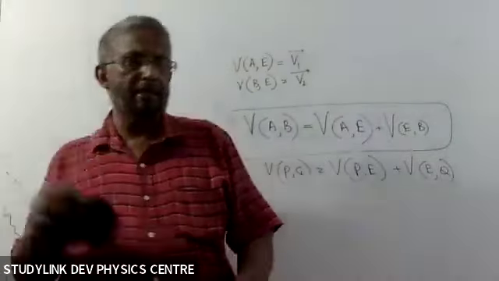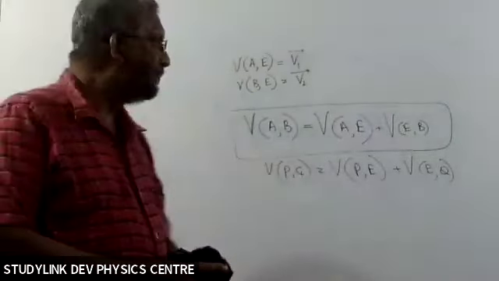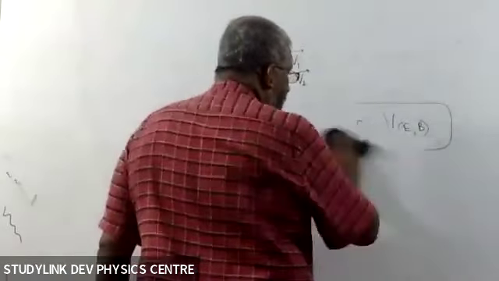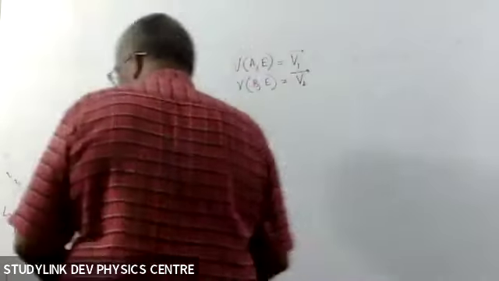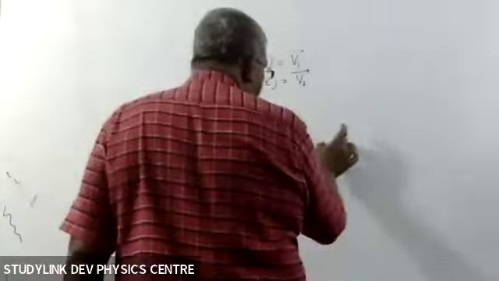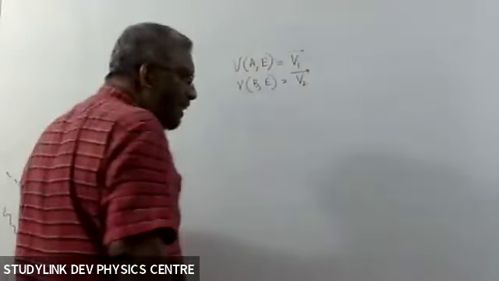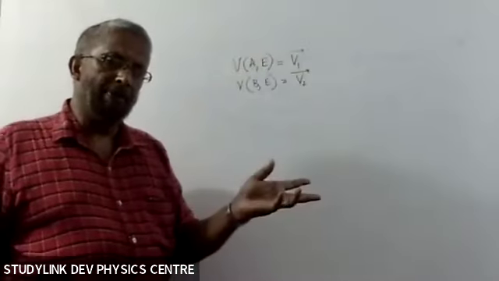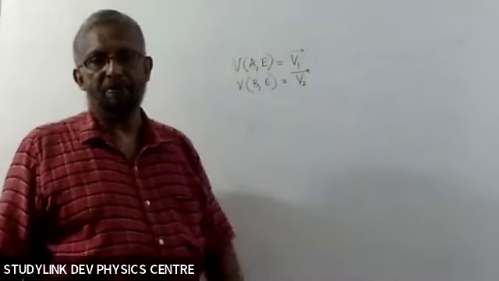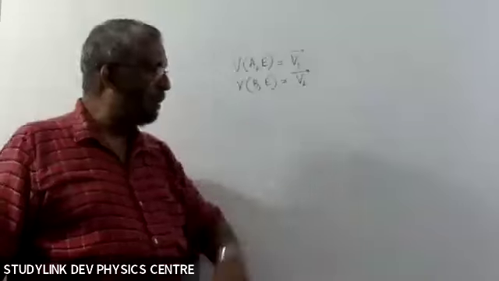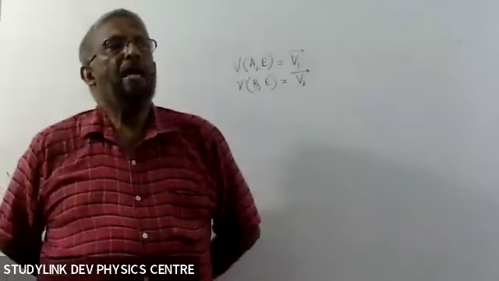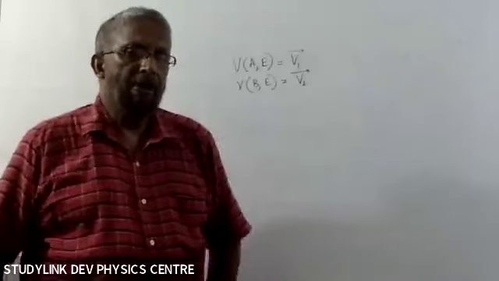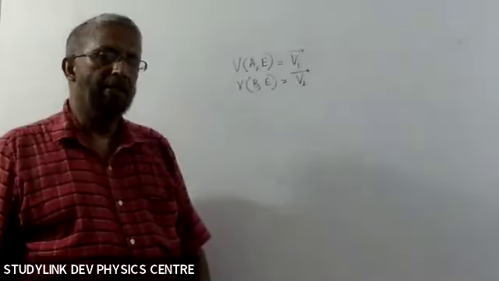Now I'll consider the two objects. Here we have to add two velocities. Therefore, we have to use vector addition, since velocity is a vector. According to this equation, we have to add two velocities.